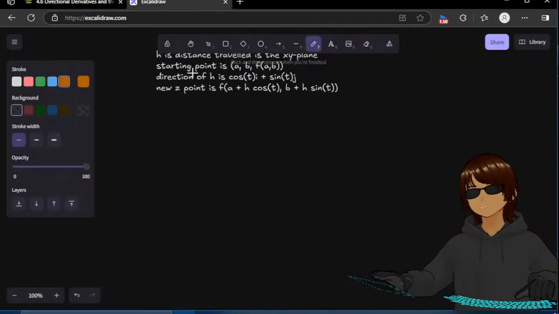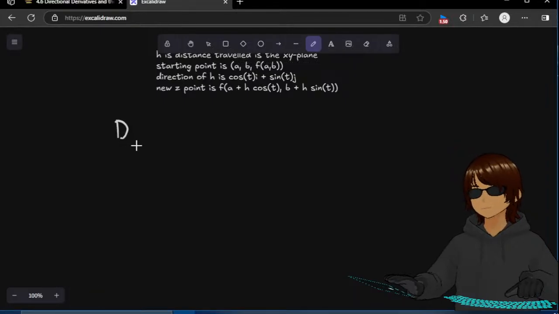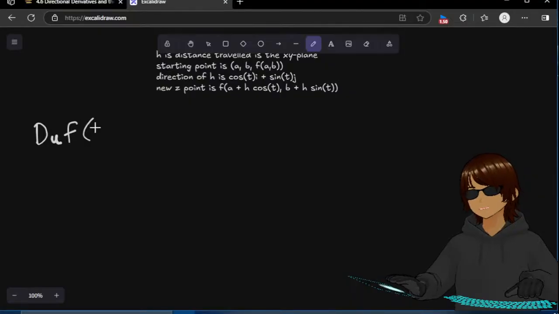So the directional derivative in the direction of u of f at (a, b).